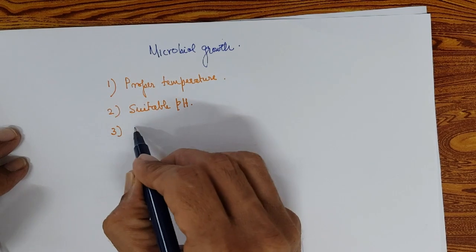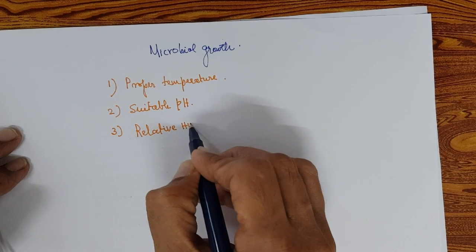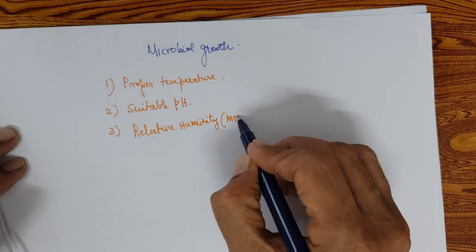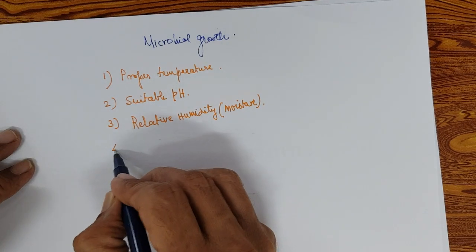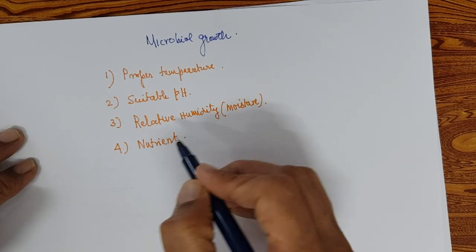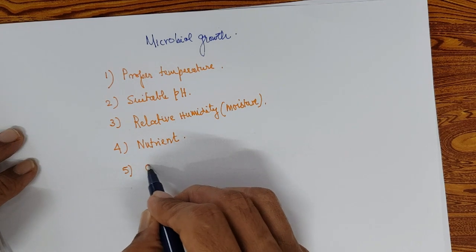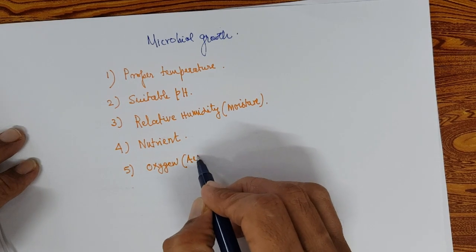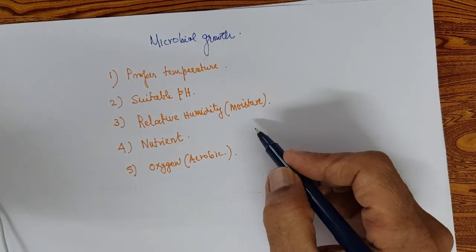Then relative humidity, moisture. And the nutrient. And five, the oxygen, mostly for aerobic. Anaerobic also grow in the absence of oxygen.